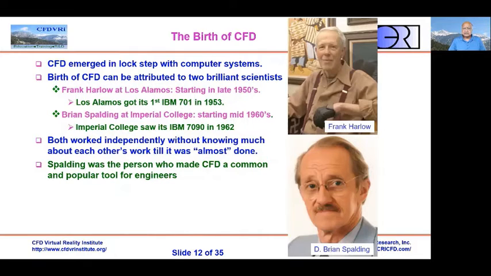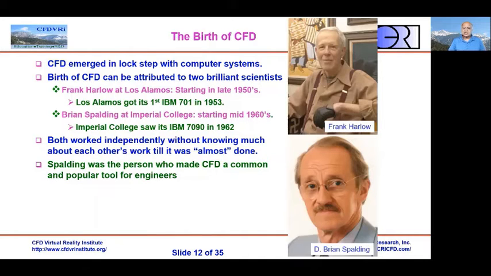So the birth of CFD can be attributed to two brilliant scientists, Frank Harlow at Los Alamos and Brian Spalding at Imperial College. Los Alamos got its first IBM 701 in 1953. And Frank Harlow started working soon thereafter on using it for fluid flow problems.